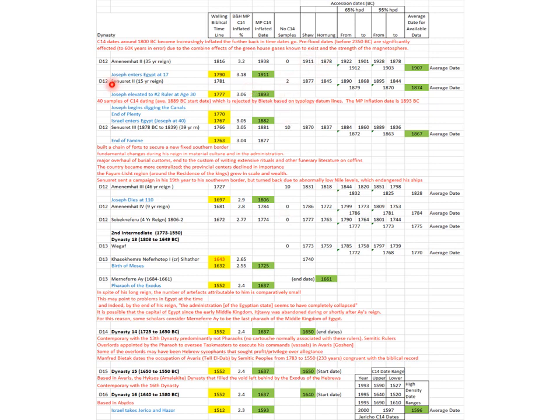So you have all these intervals between the different pharaohs, and when you take random samples laced throughout it, and they come up pretty accurate, then you know that you've got good science here. You've got a good sequence here.